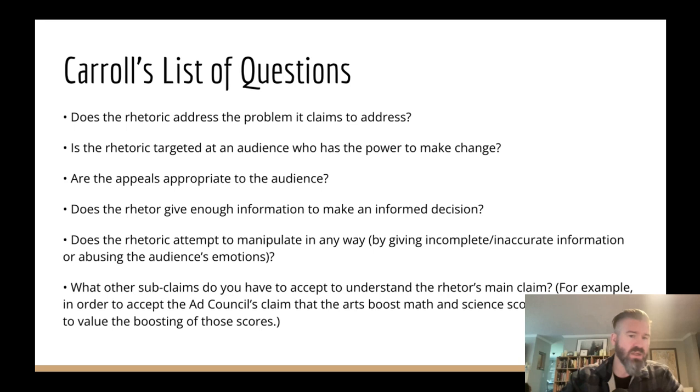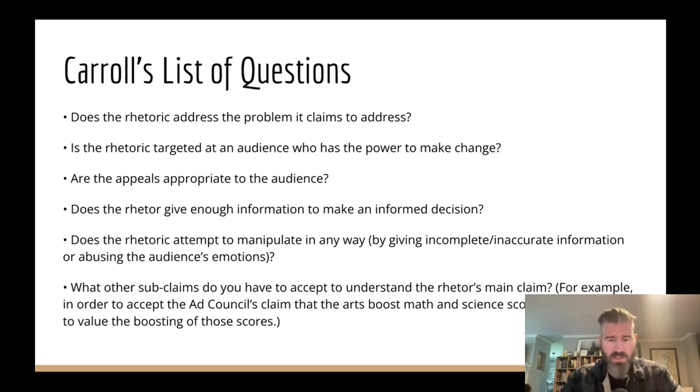And what other sub-claims, right? There are main claims and then little claims under that. Do we have to accept them in order to understand the rhetor's main claim? For example, in order to accept the Ad Council's claim that the arts boost math and science scores, you first have to value boosting of those scores. So this is where, and we'll talk about this in class, when we're speaking to an audience, we're never writing or speaking to anyone or for anyone.